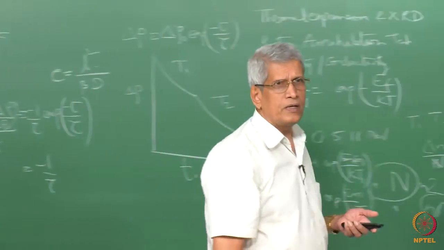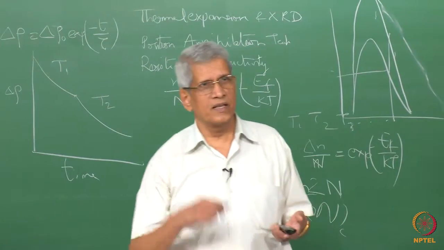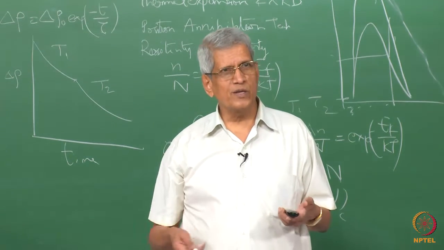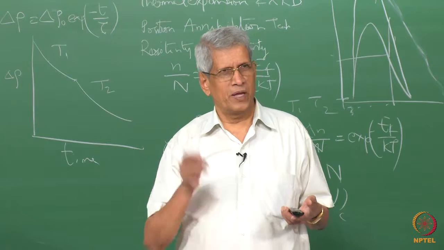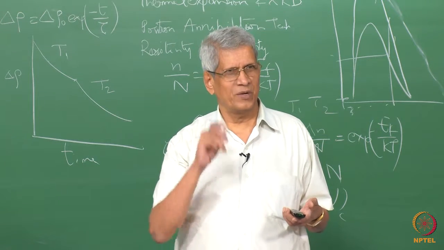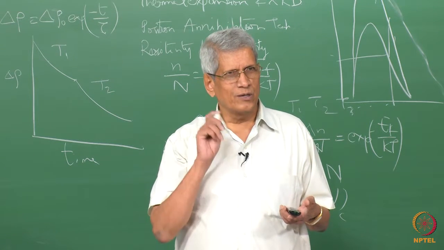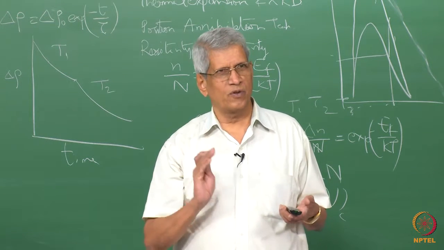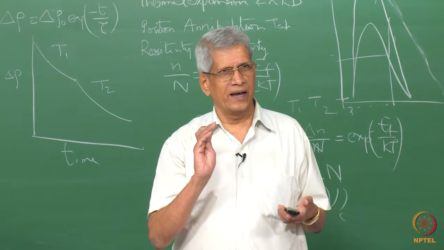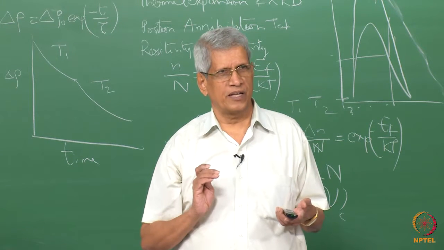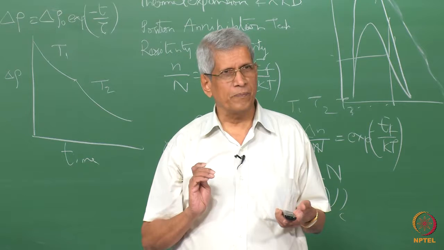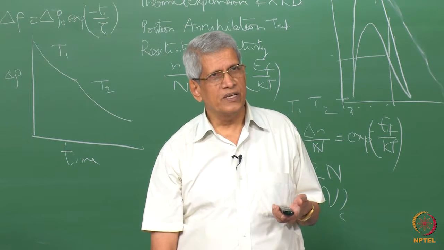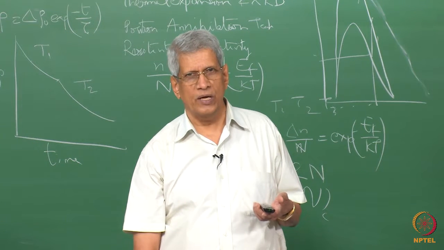The net current is the sum of both. But when we consider an electron, it moves very fast, whereas here it is an ion, which has a larger size, so its movement is rather slow. The rate at which the current flows, because current is nothing but the rate of flow of charge, dq by dt, depends upon the mobility with which these ions drift from one end to the other end.